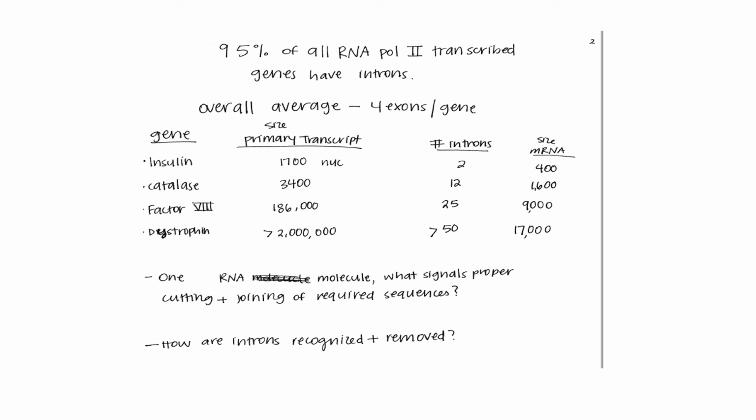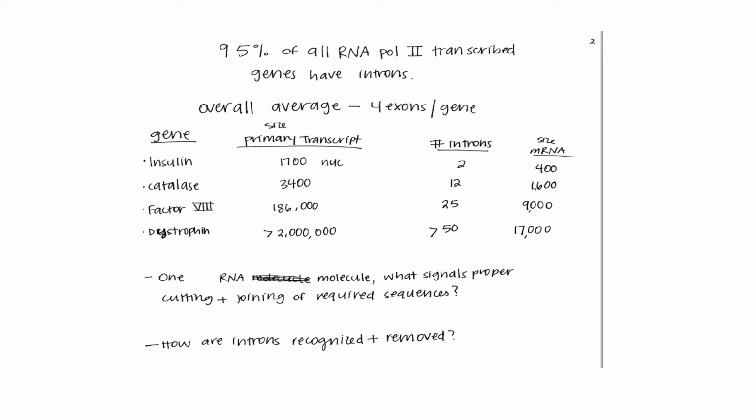So here I show in this table just the range that you see of genes, primary transcripts, and the number of exons that could be observed. So like I said, 95% of all RNA polymerase transcribed genes have introns, and if you look at the average, an average gene maybe has 4 exons that need to be brought together, but the range is quite phenomenal.